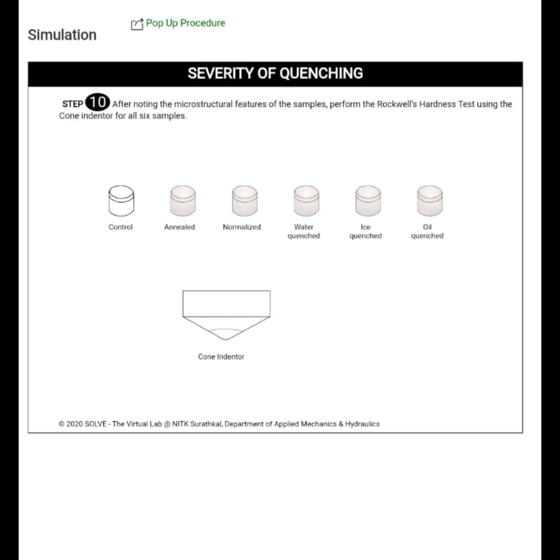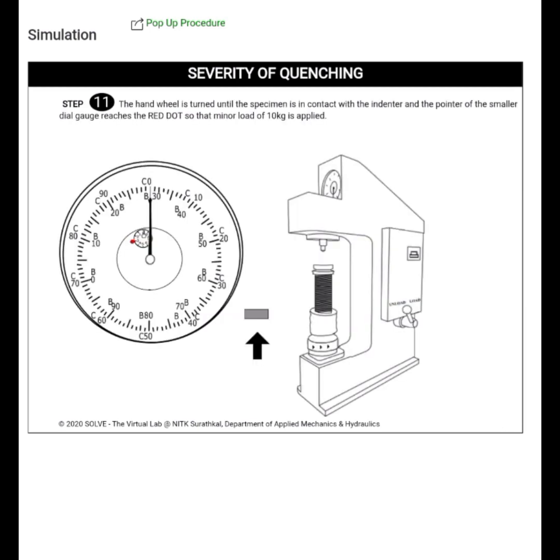After noting the microstructural features of the samples, perform the Rockwell hardness test using the cone indenter for all 6 samples. The handwheel is turned until the specimen is in contact with the indenter and the pointer of the small dial gauge reaches the red dot, so that a minor load of 10 kg is applied.